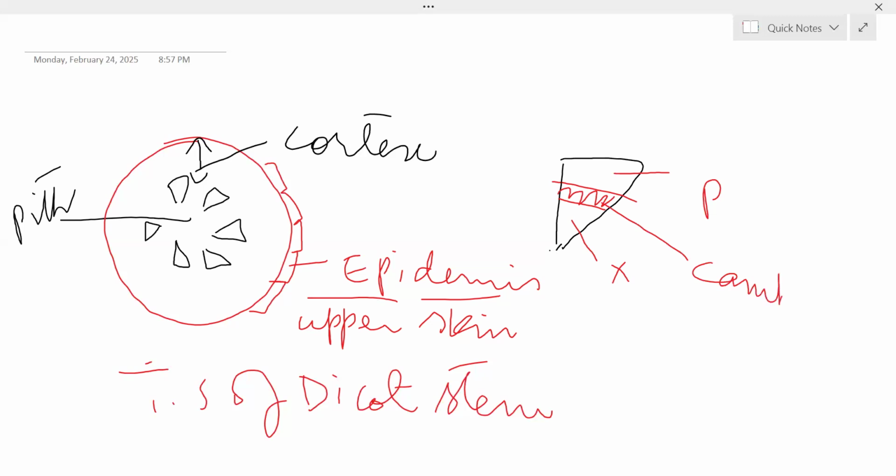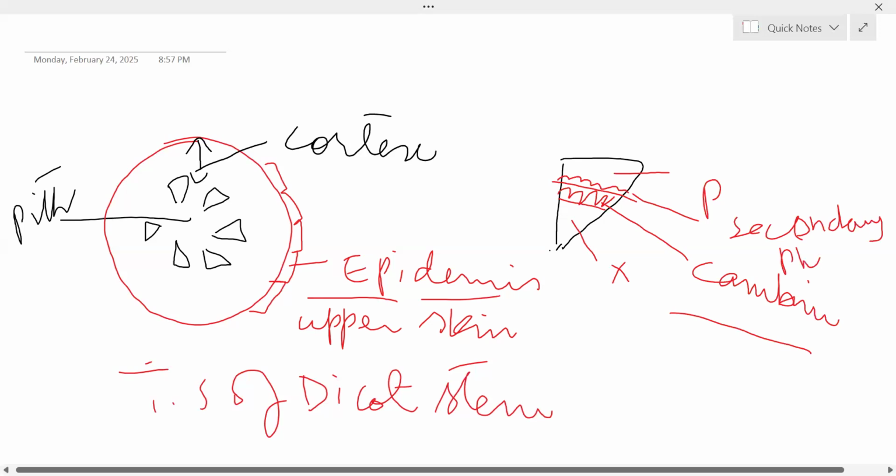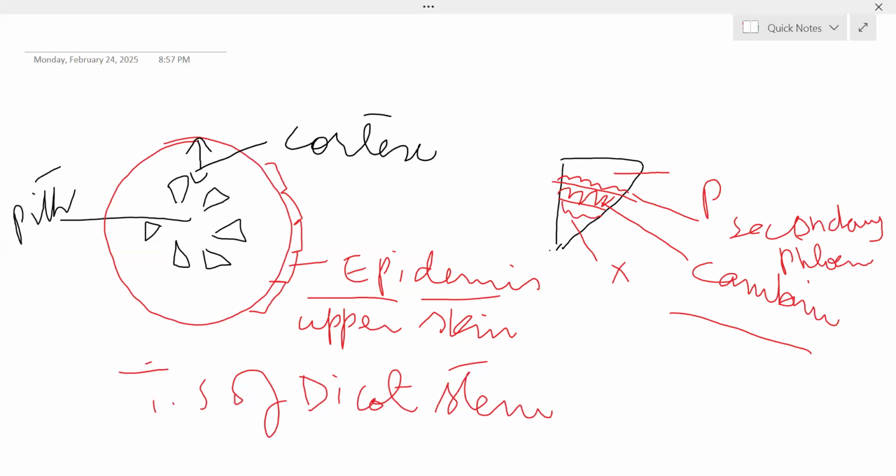Cambium is the ring of meristematic cells which has the ability of division. Now, if the cambium is dividing and making new cells towards this side where phloem is standing, it is called secondary phloem. These are secondary tissues, secondary phloem. And if the growth is taking place on the xylem side, we call it secondary xylem.